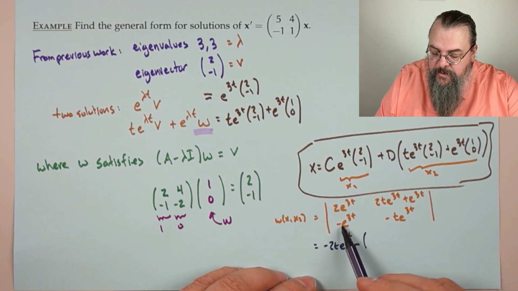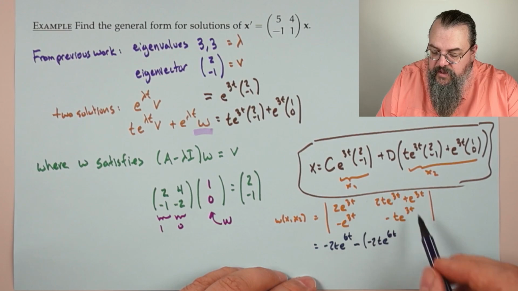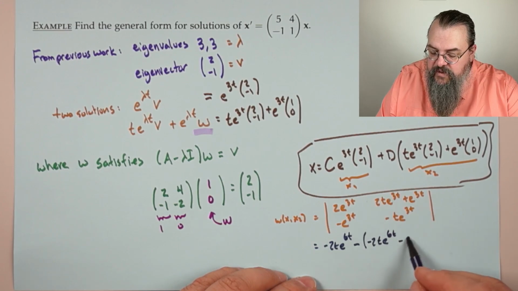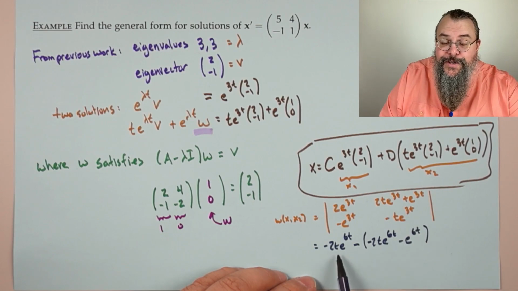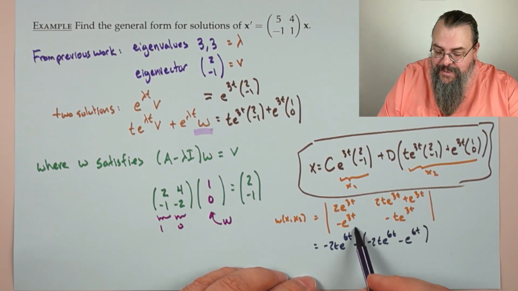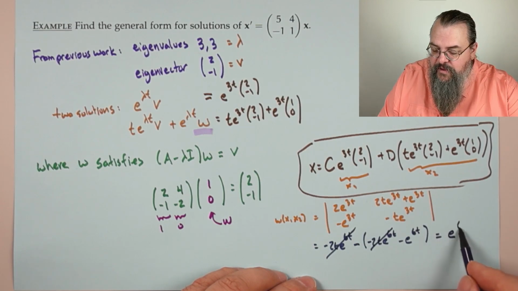Now here, we'll multiply by minus e to the 3t, so it'll become a minus 2t e to the 6t, and then minus e to the 6t. Well, what do you notice? The first two terms cancel. Minus minus makes plus. And this is not 0.